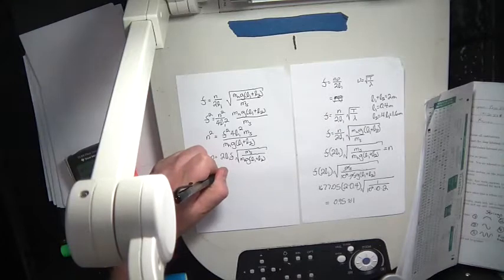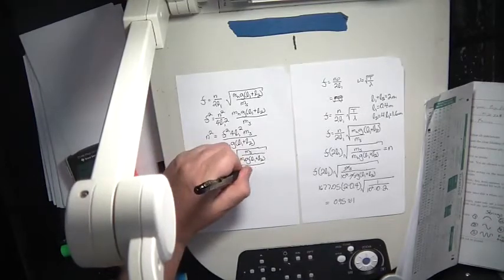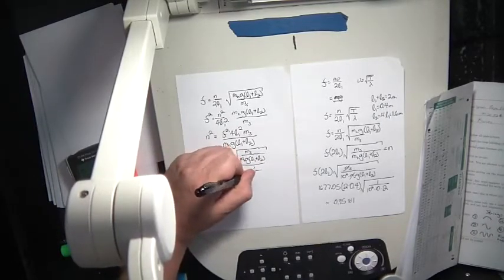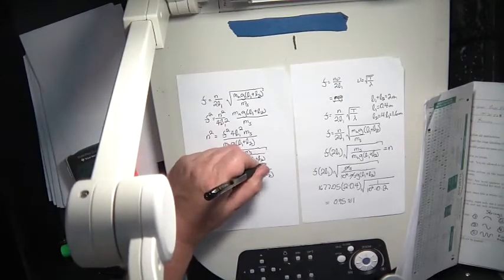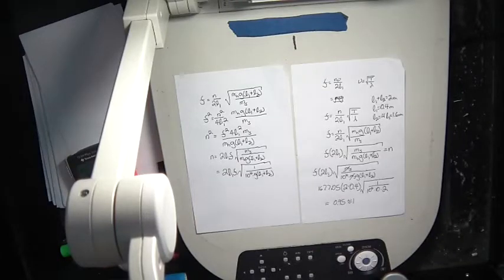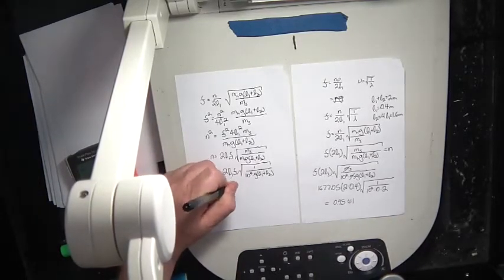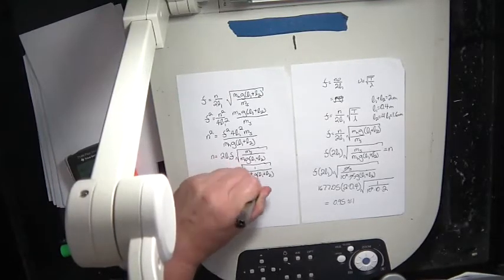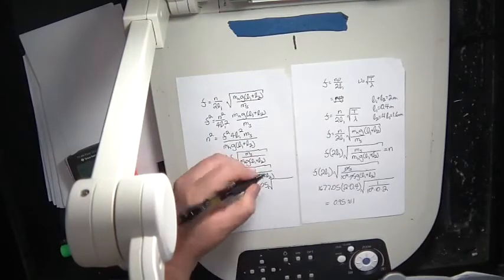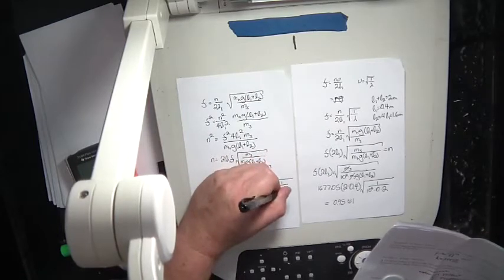I still get this: 2 times 0.4 times 1677.05 times the square root of 1 over 10 to the 4th times 10 times 2.